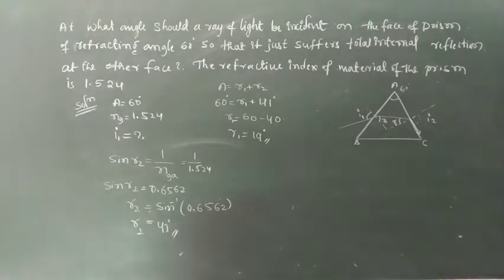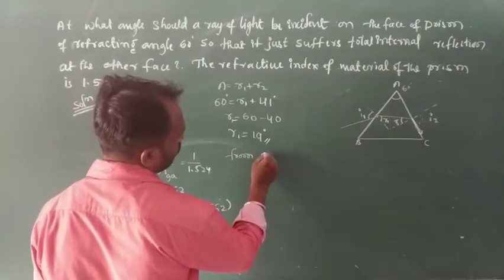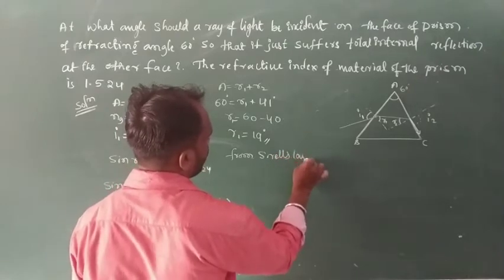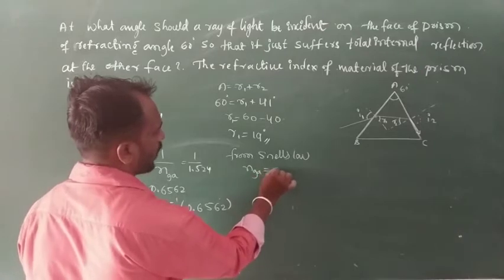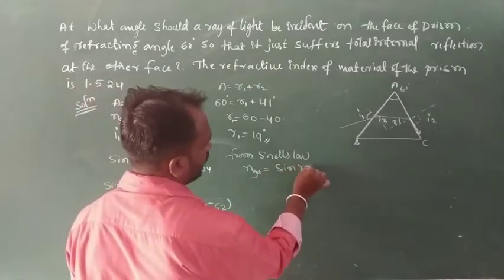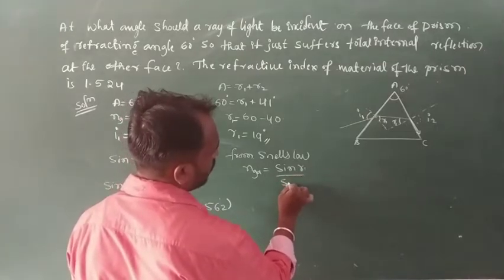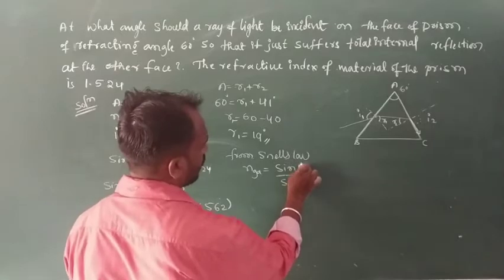Next, from Snell's law, the refractive index of glass with respect to air is equal to sin I1 divided by sin R1.